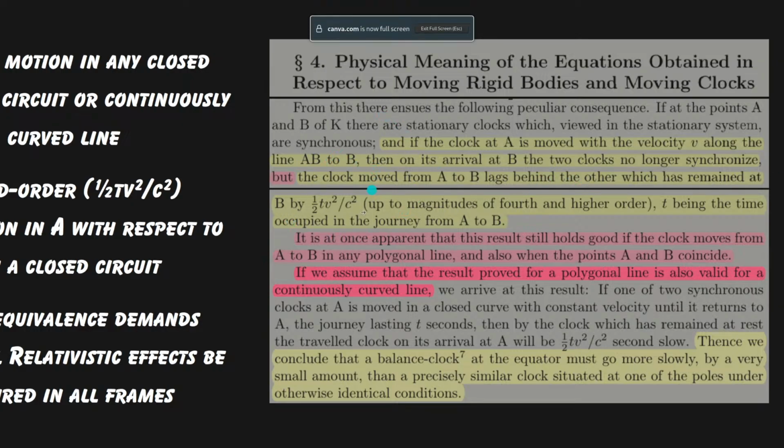Can you read this out loud here, what we're talking about? The bit in pink, you've already read it. "It is at once apparent that this result still holds good if the clock moves from A to B in any polygonal line, and also when the points A and B coincide." But while that is true, if you are moving along a polygonal line, you are undergoing accelerations, right?